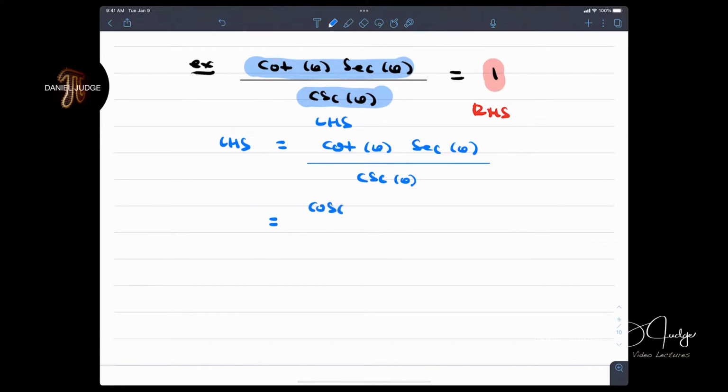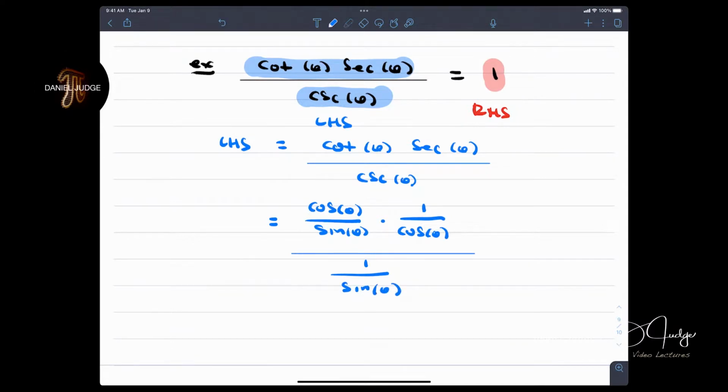Cotangent theta is cosine over sine theta. Now, this is times secant theta. And secant theta is 1 over cosine theta. Cosecant theta is 1 over sine theta.